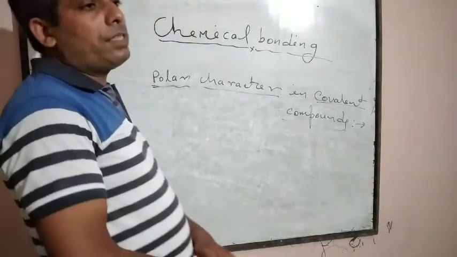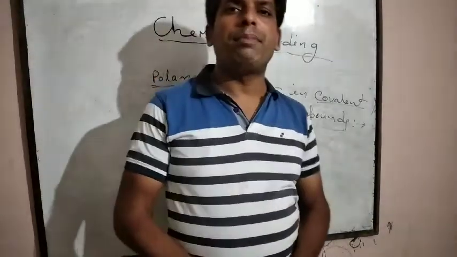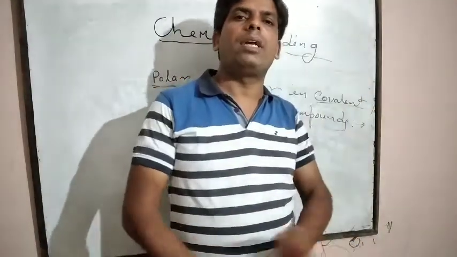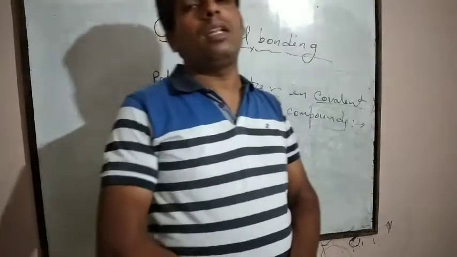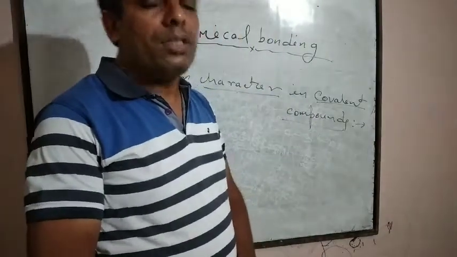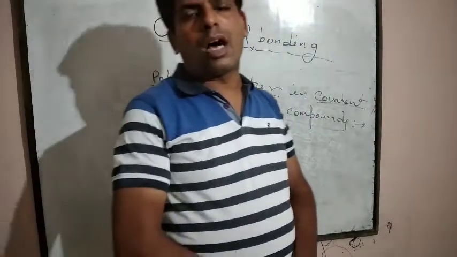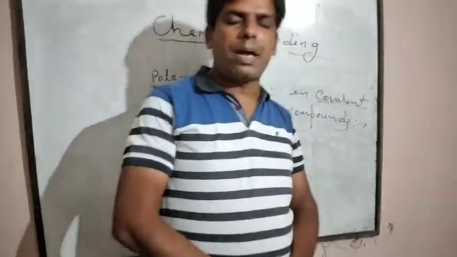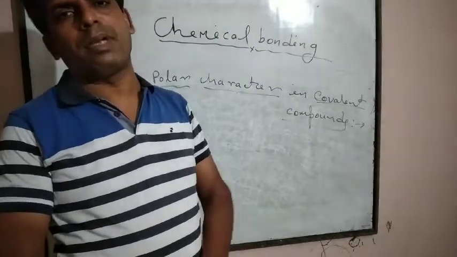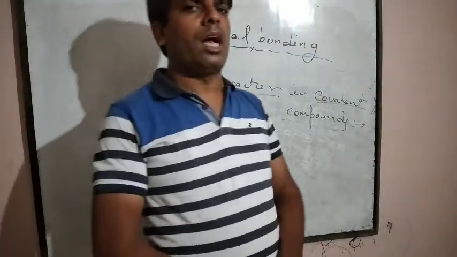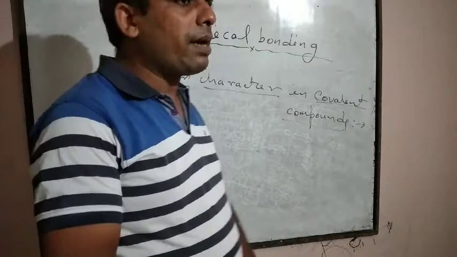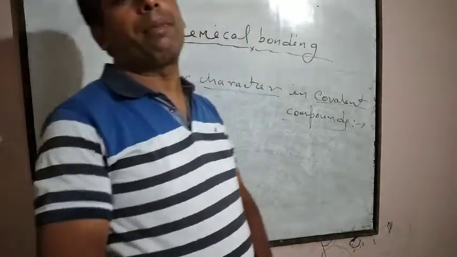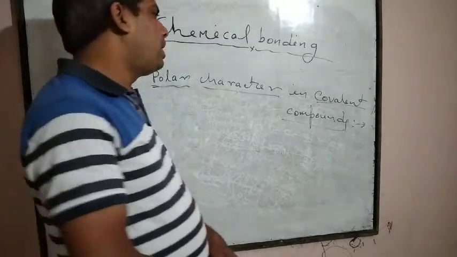But if the difference of electronegativity between two atoms is high, then in such compounds ionic character arises. One atom bears a partial positive charge and the other bears a partial negative charge, and in this way polarity arises in that compound, and it is capable of forming a dipole moment.